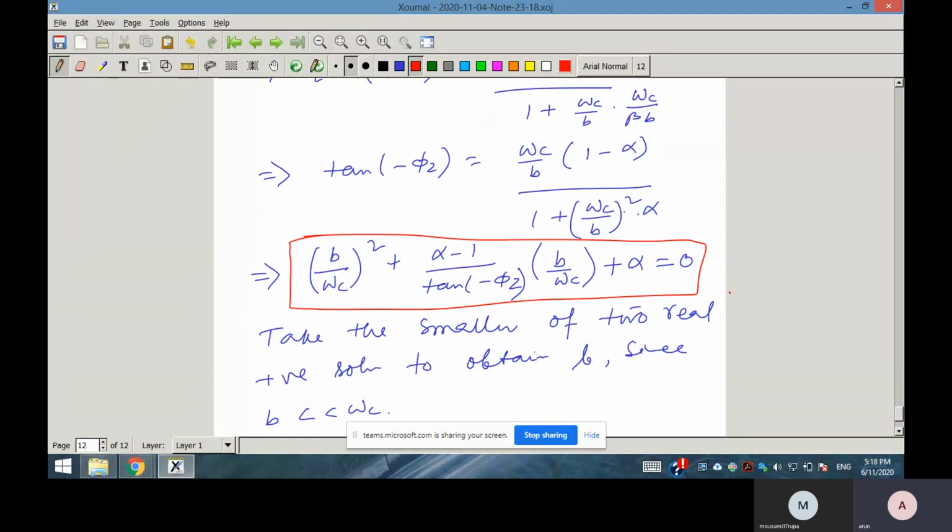Then the controller design will be over. Okay, sorry, the lag lead part design will be over. So now one example we will consider.